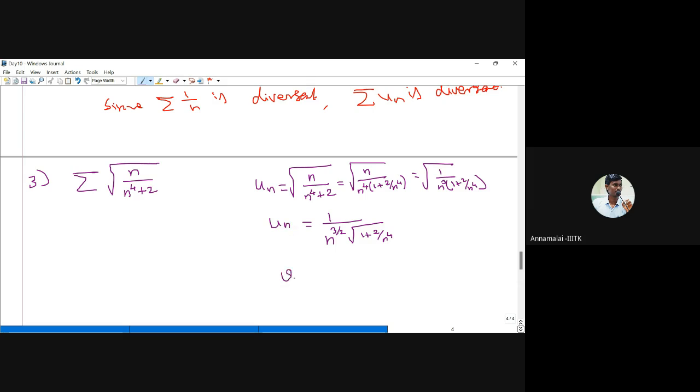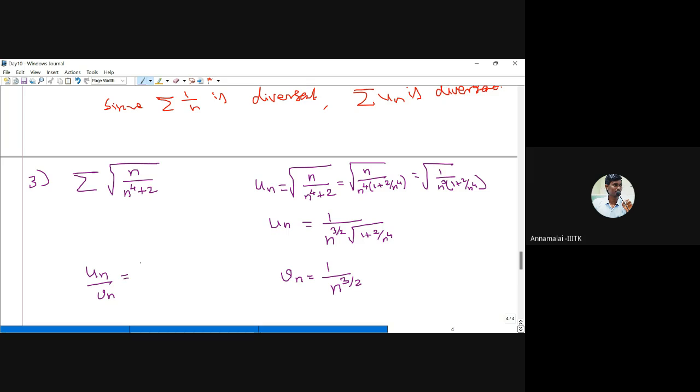Now guess Vn. It's nothing but 1 by n power 3 by 2. I am going to take Vn equal to 1 by n power 3 by 2. Now find the quotient Un by Vn.